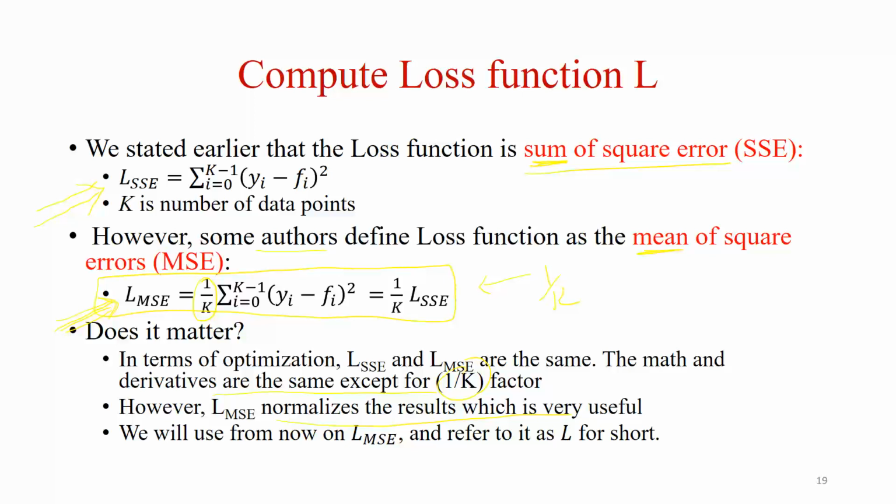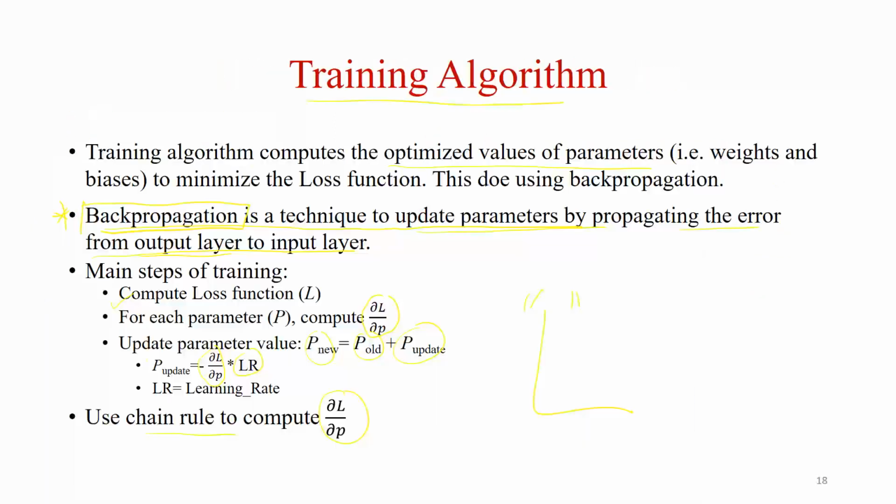Both equations add up the errors, where the error is the expected minus the estimated. They sum their squares, and the same for here. But this equation uses this 1 over k for normalization.